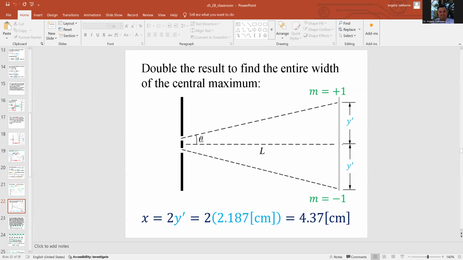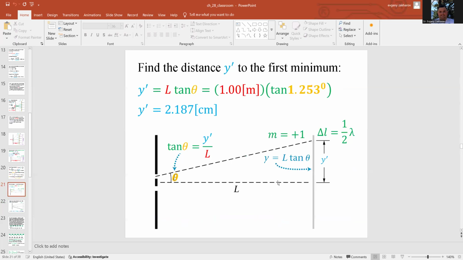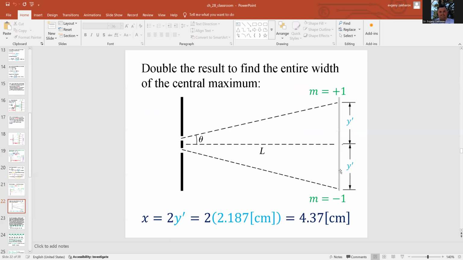You get like double theta, if you will, and double distance of what we just found from the previous step. So if it's 2 centimeters from the central axis to the first bright fringe edge, then for the bottom part of this fringe, you just add the same value.